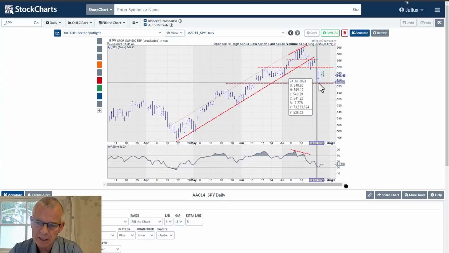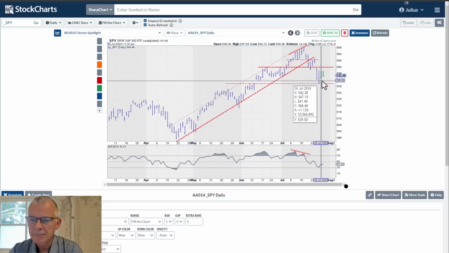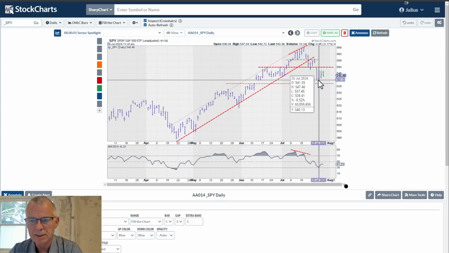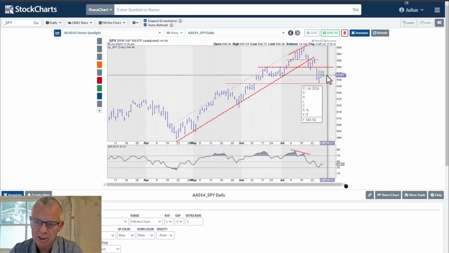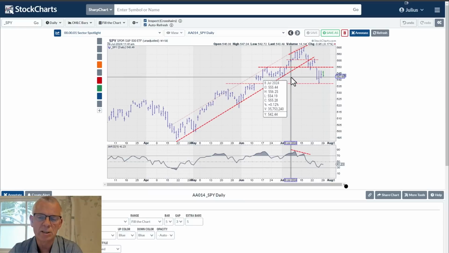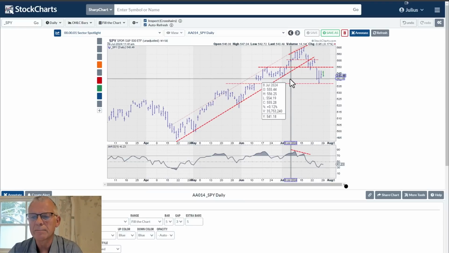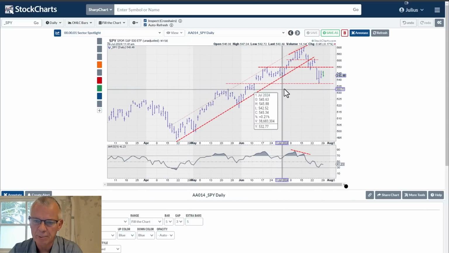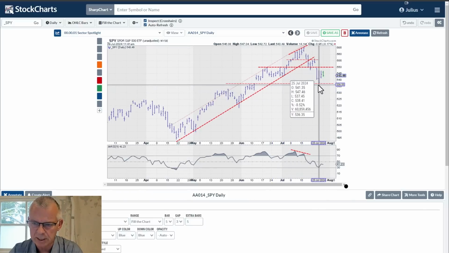Then we got a bit of a recovery, and today, this is Monday the 29th, we're still in that. You can see that we had quite a good opening, but we're already starting to decline again. Obviously we'll have to wait and see how that plays out the rest of the day. What I'm looking at right now in terms of SPY is a pretty important support level at last Thursday's low.